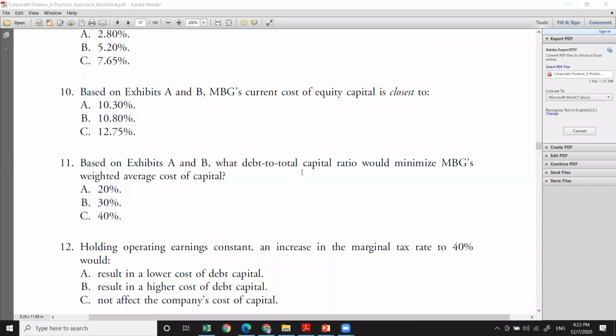It's just a straightforward calculation. With the 20% proportion, we use the regular formula for the WACC, which is the proportion of debt times the cost of debt with tax adjustment, plus the proportion of equity times the cost of equity.